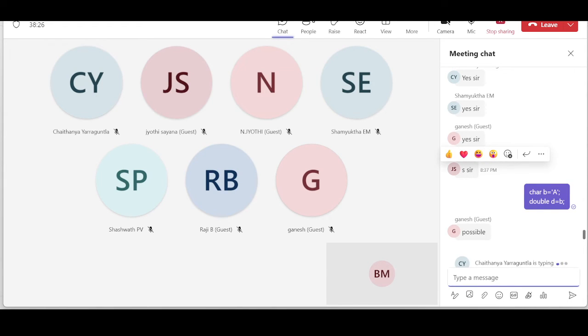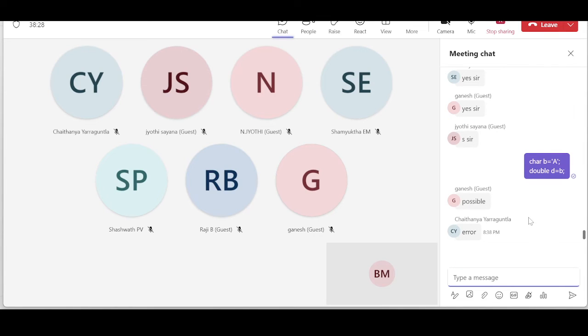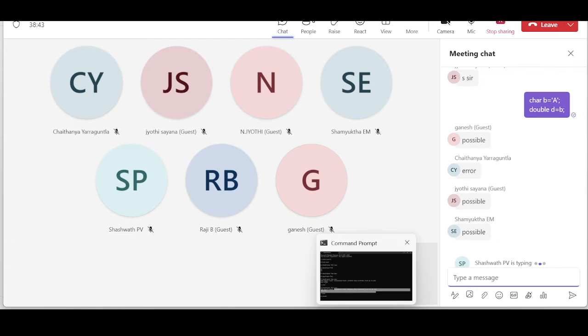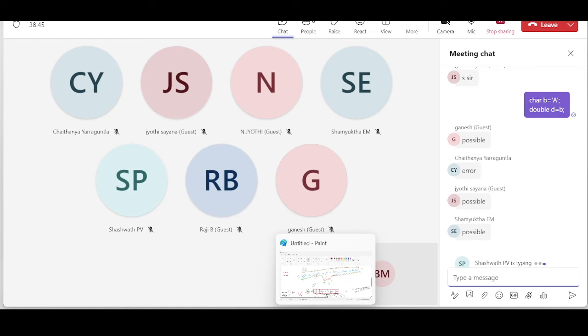It is. That is one. Possible. Chaitanya says error. Ganesh says possible. I am waiting for answers from Samyukta, Shashwant. Possible. Definitely it is going to be possible, guys.